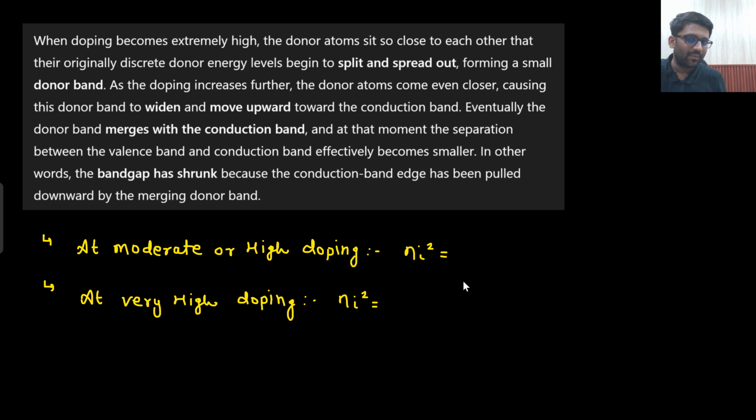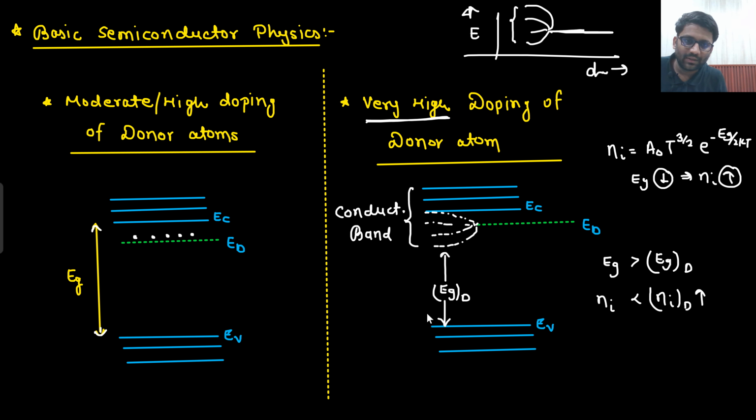Why is that so? Because at moderate doping, my Ni square was A naught T to the power 3/2 times e to the power minus Eg by kT. Now what will happen? It would become e to the power, in place of Eg I will put Egd.